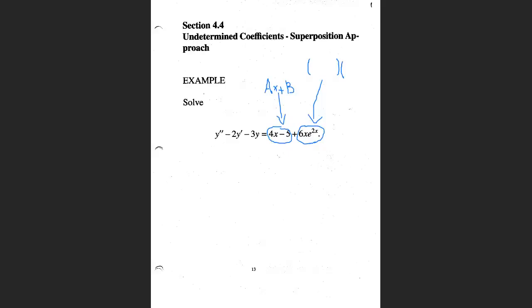And what would the guess have to be for this function here? It's a product of two functions, 6x and e to the 2x. Well, the e to the 2x, we're almost right, Matthew. e to the 2x, and we're not going to be doing any integration here.